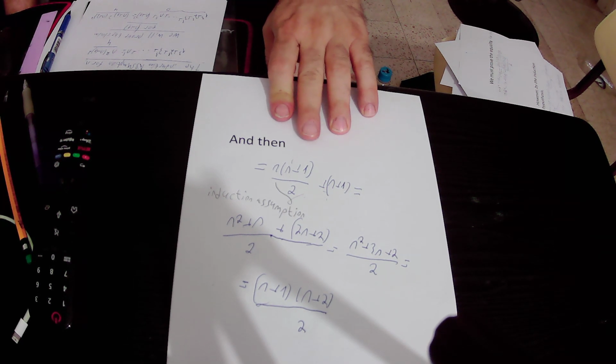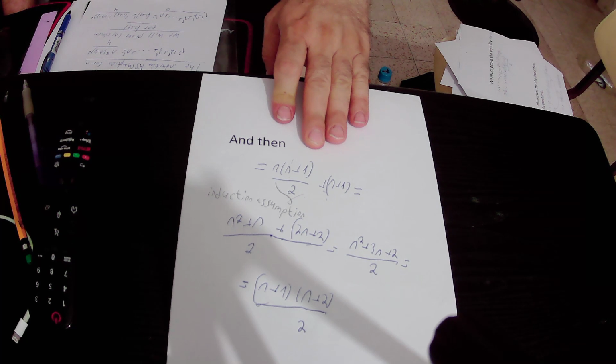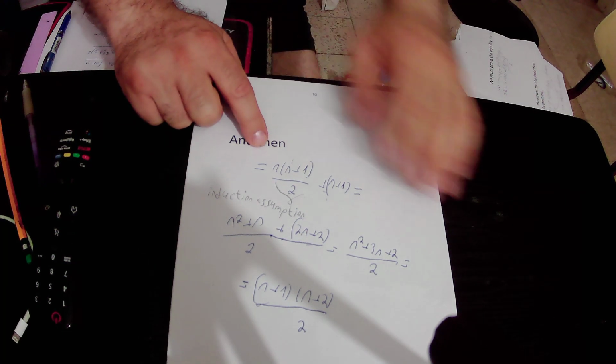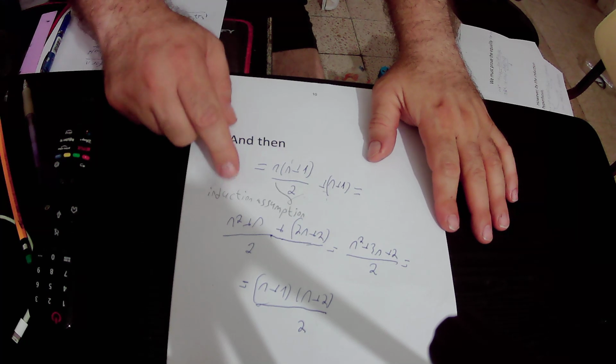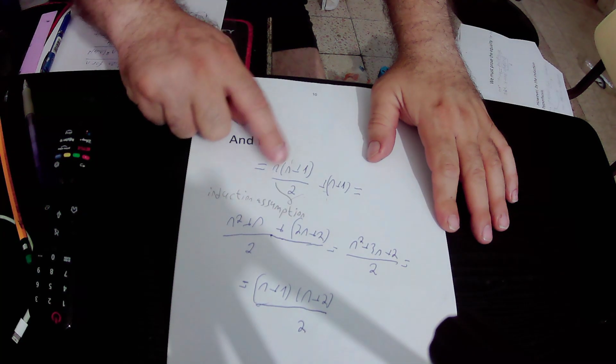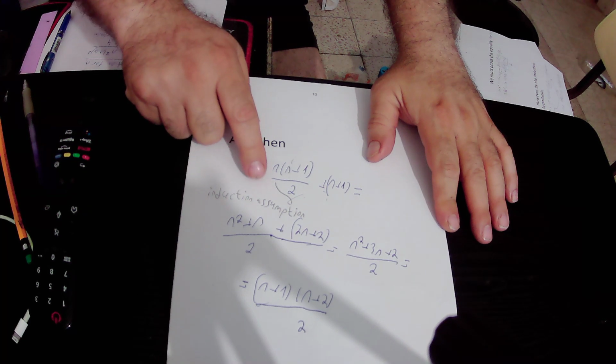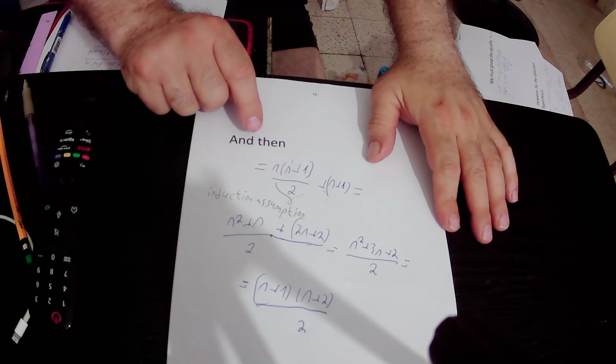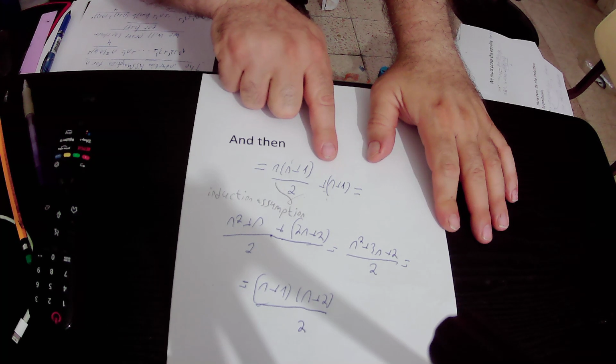So we will develop this expression. Actually, n times n is n squared, n times 1 is n, and here we have n plus 1.